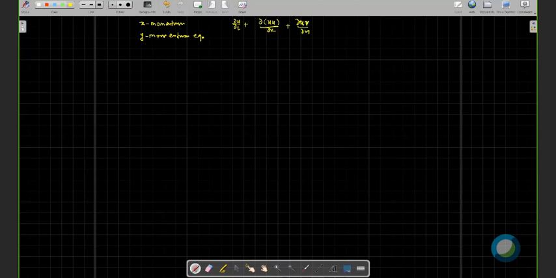uv del y is equal to minus 1 by rho del p del x plus nu del square u del x square.